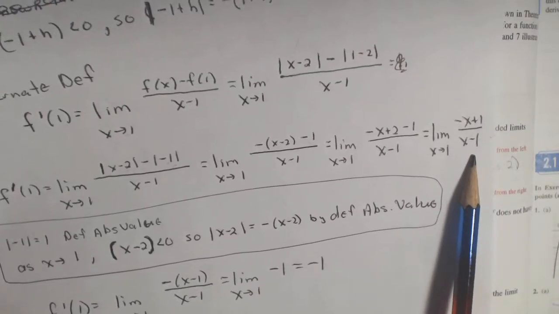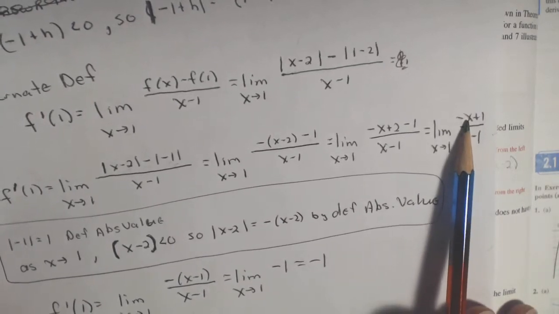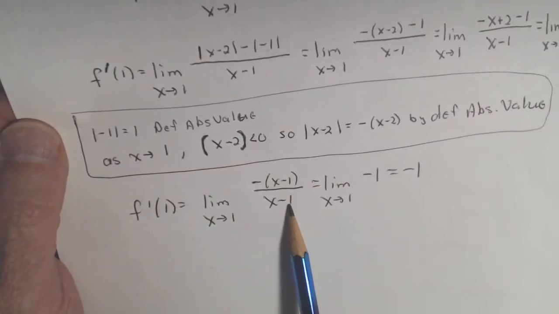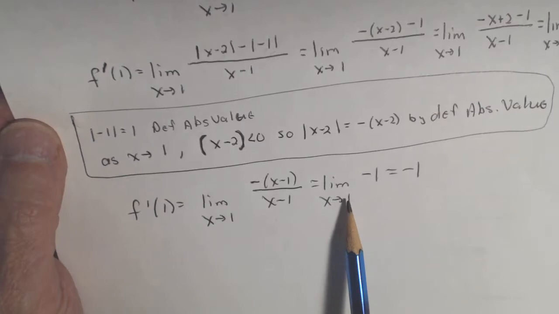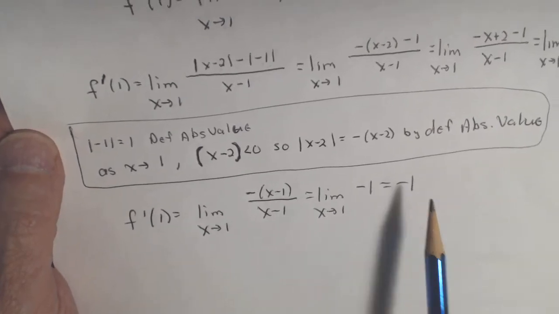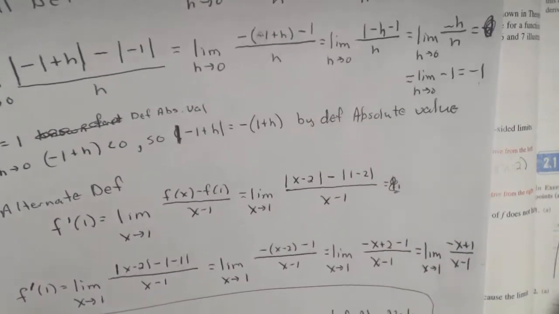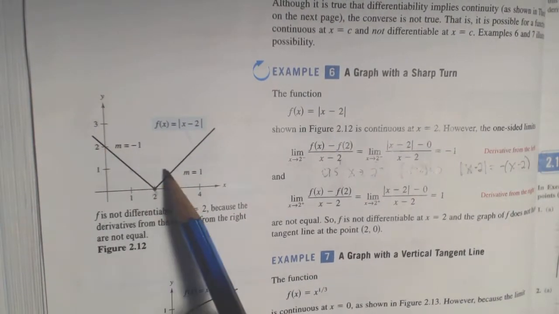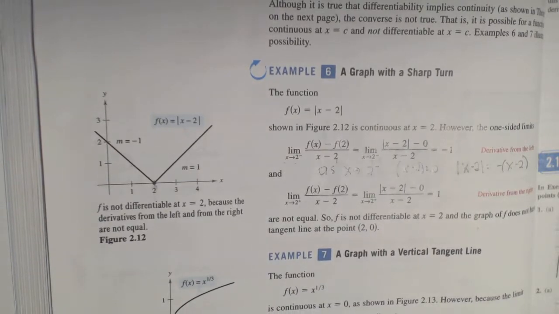Now, this looks like it's not going to work, but if you factor -1 out of the top, now you've got this, your x minus 1's cancel, and this is the limit as x approaches 1 of -1, which is -1. The same answer that we got there, and the same answer we knew we had to get because the slope over there was always -1.